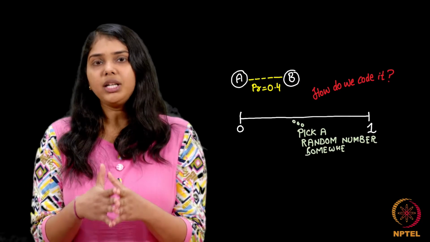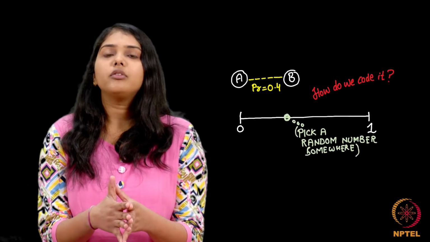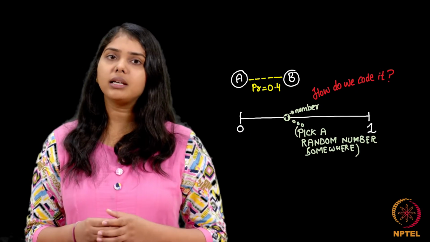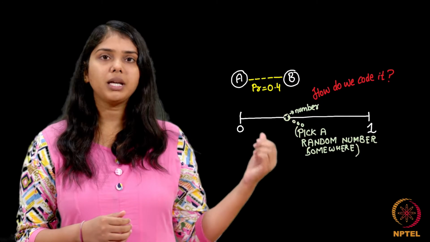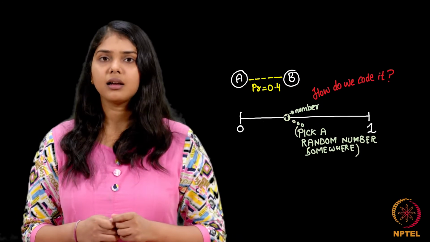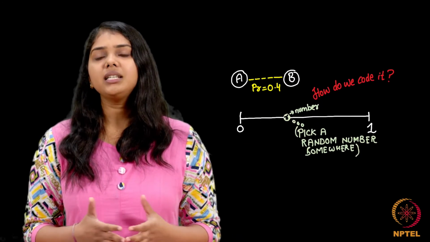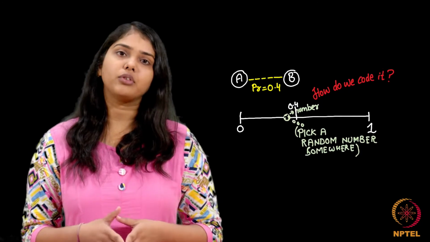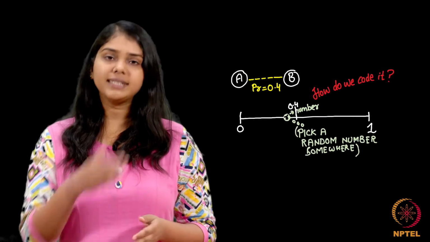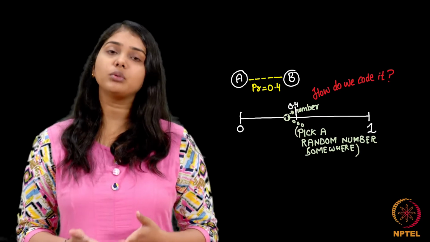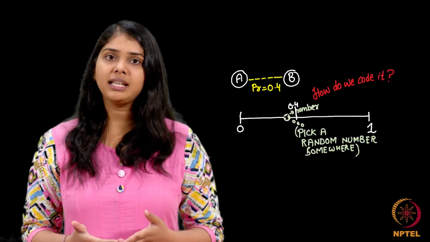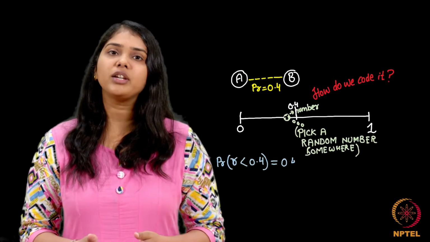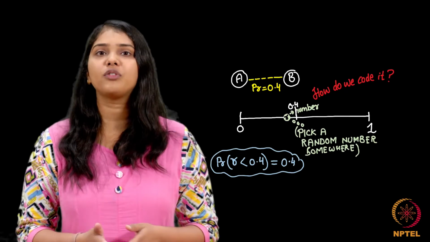I want some event to happen with a probability of 0.4. So now I have a random number between 0 and 1. I pick a random number, let's say it's here. What is the probability that this random number is less than 0.4? Since this random number can be anywhere on this number line, the probability that it is less than 0.4 is actually 0.4 itself.